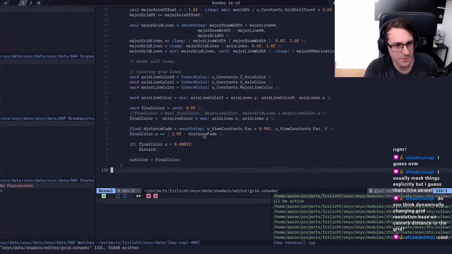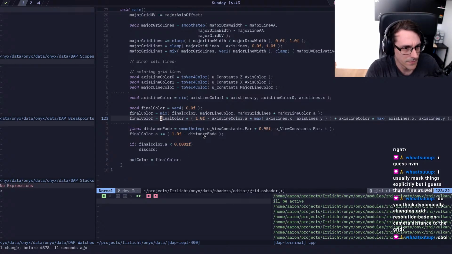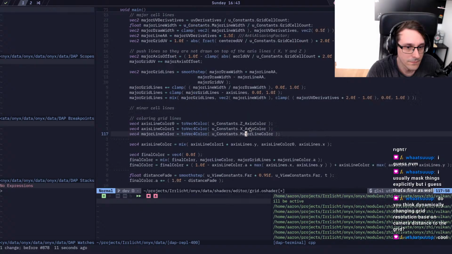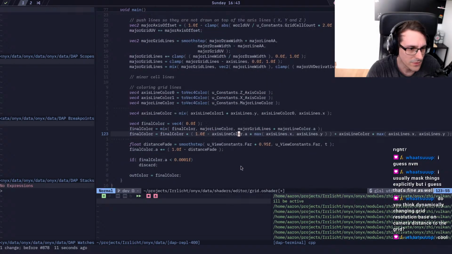Okay, so it was this mix. That's wrong. So that's a vec4, that's a vec4, and then it doesn't like that? Why does it not like that? Or is it maybe here that it doesn't like something?